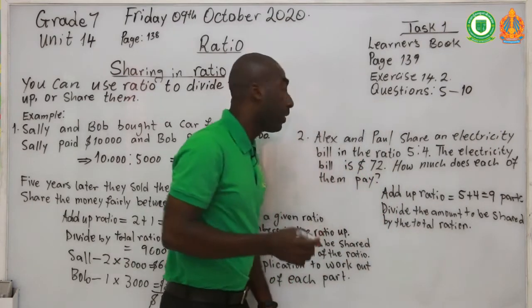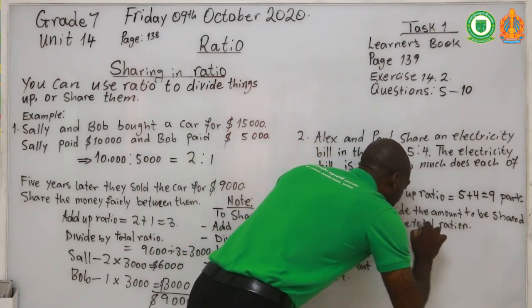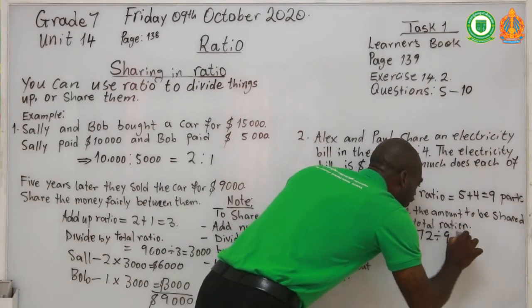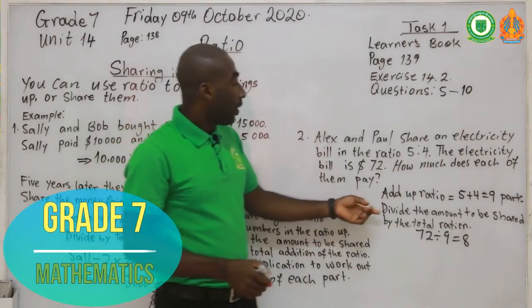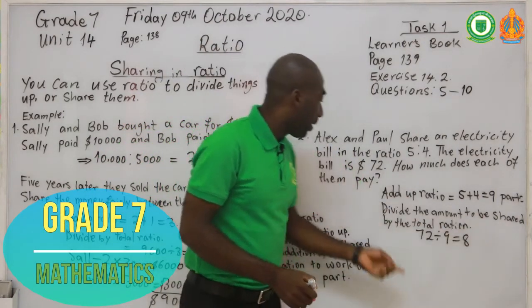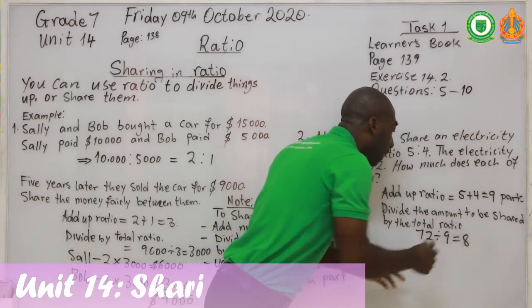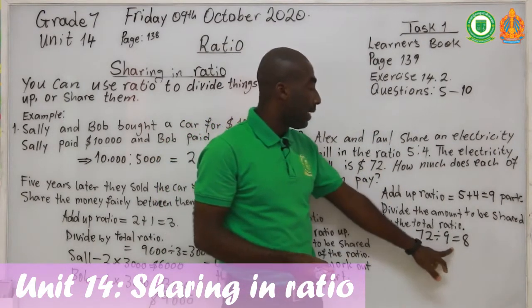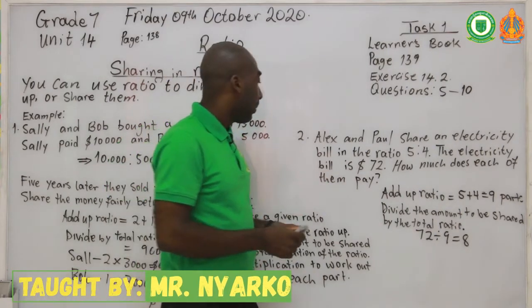Okay, I hope you are following. So the amount to be shared is 72 divided by 9, and that will give us 8. Okay, so you need to divide the amount to be shared by the total ratio, and that will be 72 divided by 9, and that will give us 8 here.